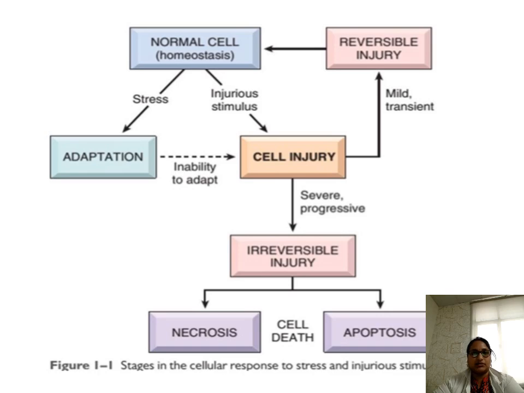And if there is some more injury, like mild to moderate stress, then the cell will try to undergo reversible injury, either in the form of some alterations or accumulations or some changes inside the cell, and the cell will revert back to normal by repair and healing. And if the injurious stimulus is very persistent and very severe, then it will undergo irreversible cell injury, either in the form of necrosis or apoptosis.